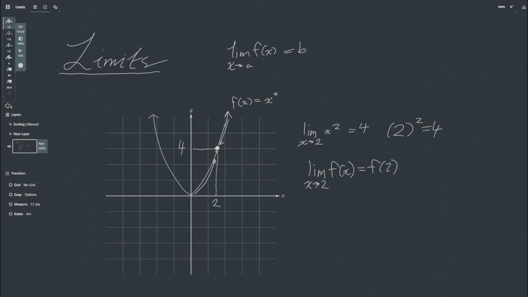Now this seems kind of useless then, like what's the point of approaching something if we can just plug it into the function and get our output? But if we have a discontinuity in our curve, then that's where limits start to come into play.